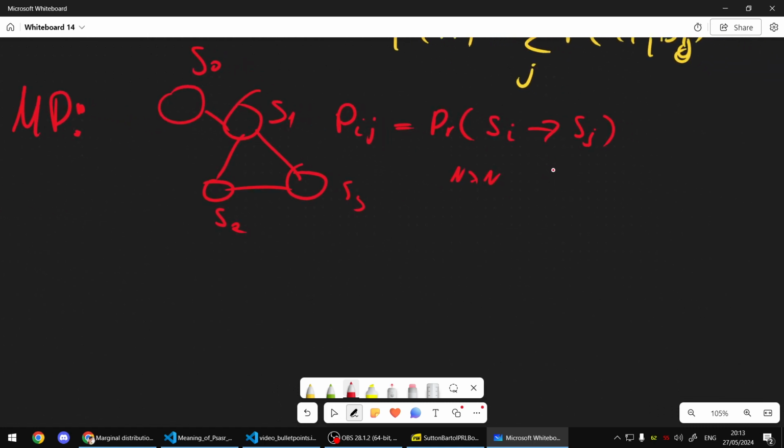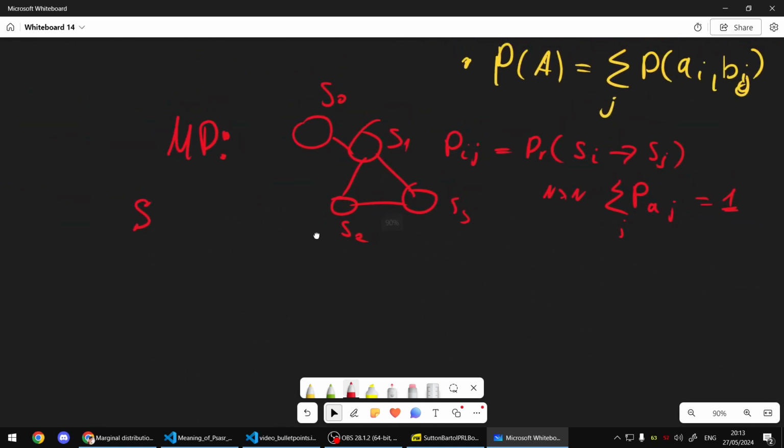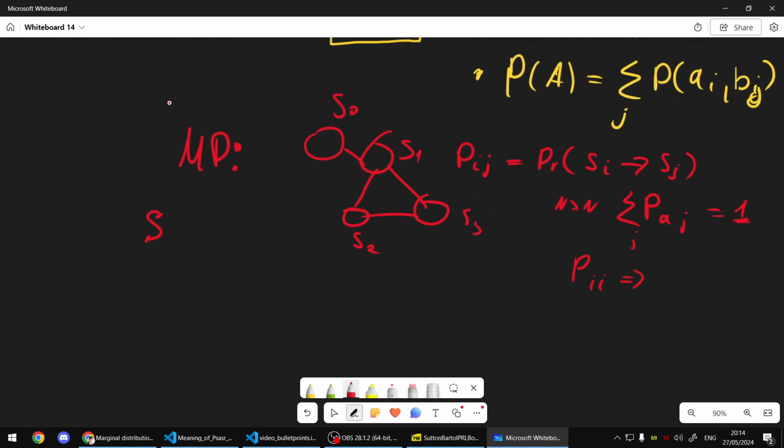And of course we can expect that if we sum up over all the neighbors of node A, it should sum up to 1. So it should transition somewhere, even if it stays on the spot, which we'll not deal with. So in fact, a Markov process is just described by the number of states and the transition matrix.